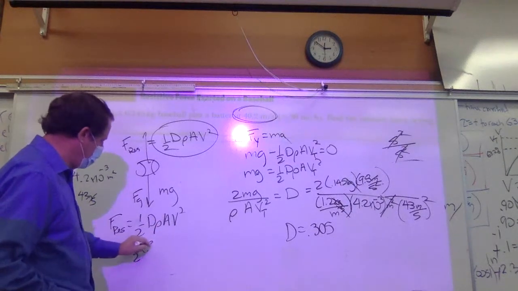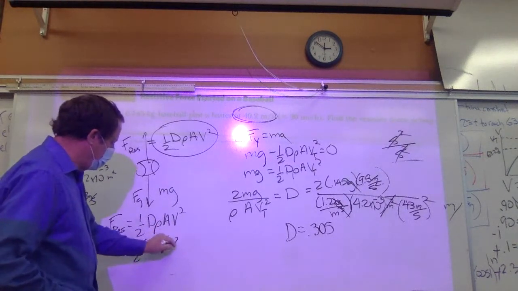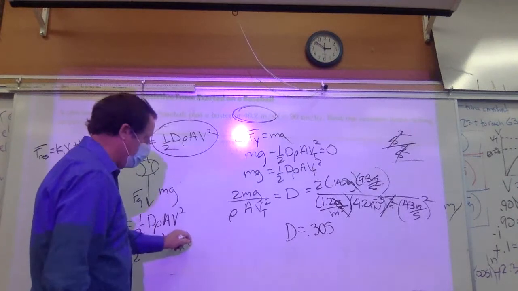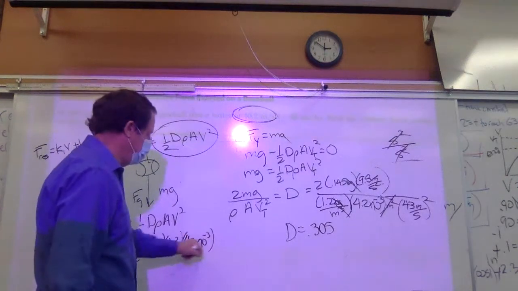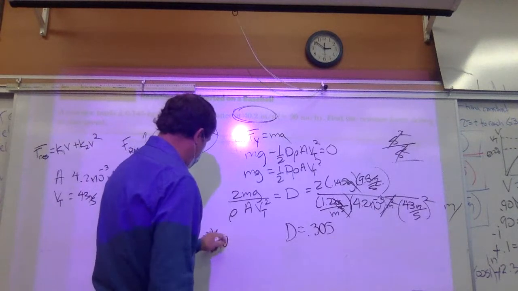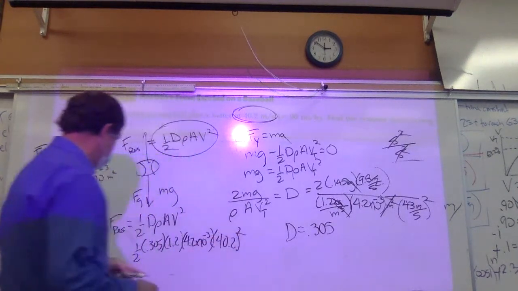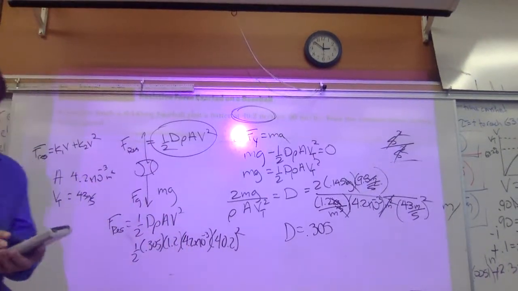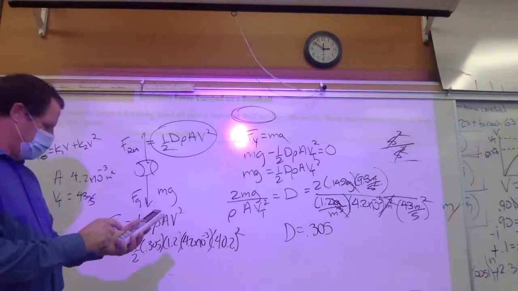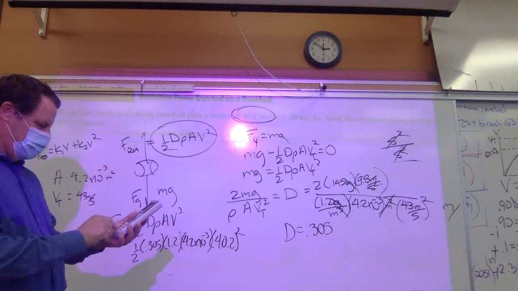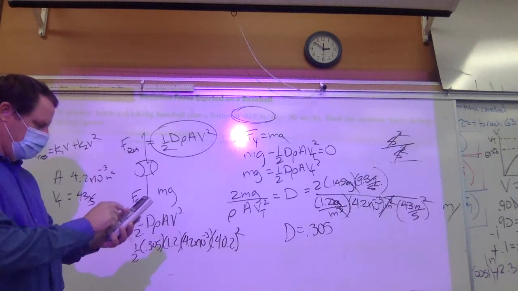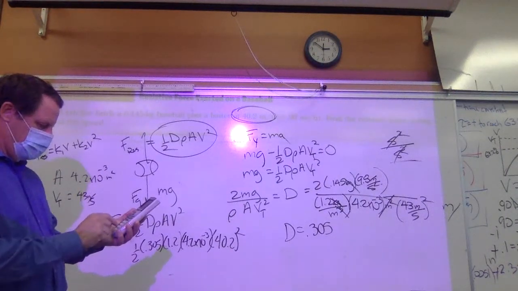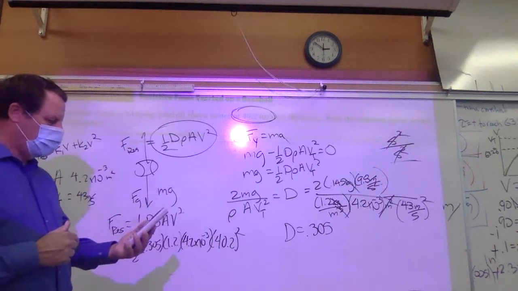So we're going to have 1/2 times 0.305 times 1.2 times 4.2 times 10 to the negative 3 times 40.2 squared, and we're going to do the units here in a second. So I'm getting 1.24.